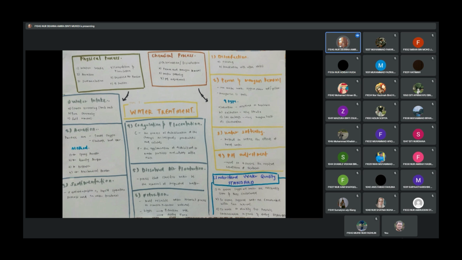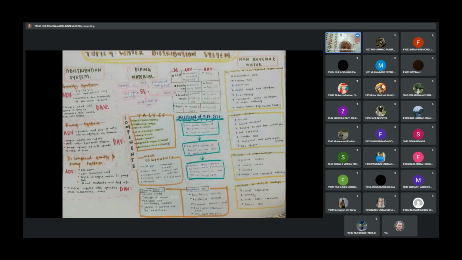Okay, next is topic 4. Topic 4 is the water distribution system. In this topic we have gravity system, pump system, and combined gravity and pump system. This topic also covers piping material.